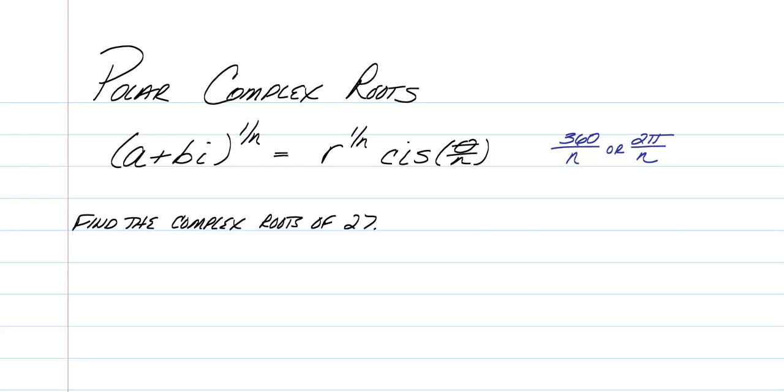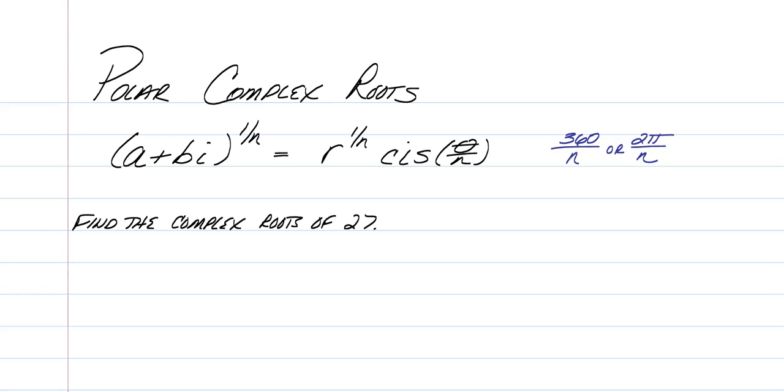Basically, if we take a complex number and raise it to a 1/nth power, we raise our radius to the 1/nth power, and then instead of multiplying theta, we divide, because we're multiplying by the 1/nth power.